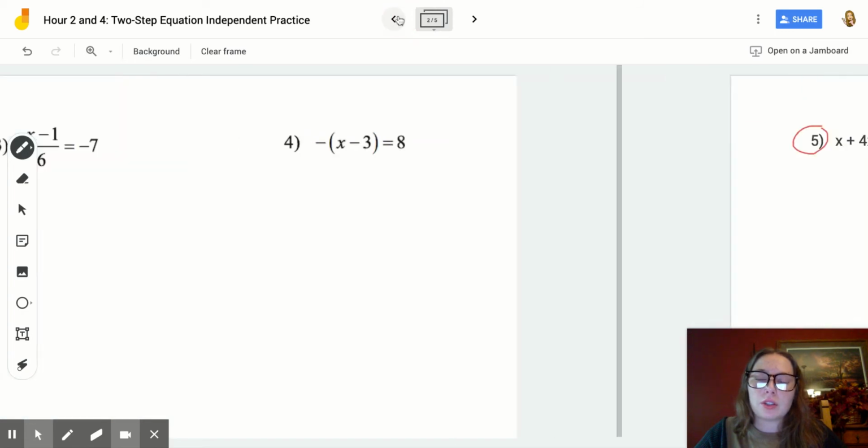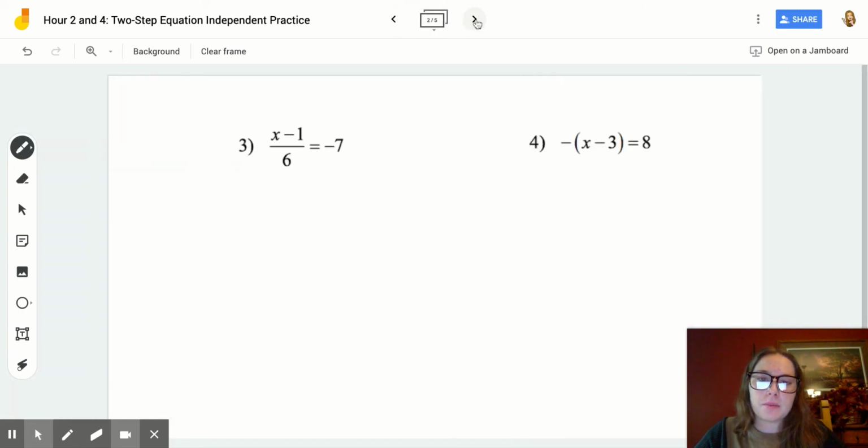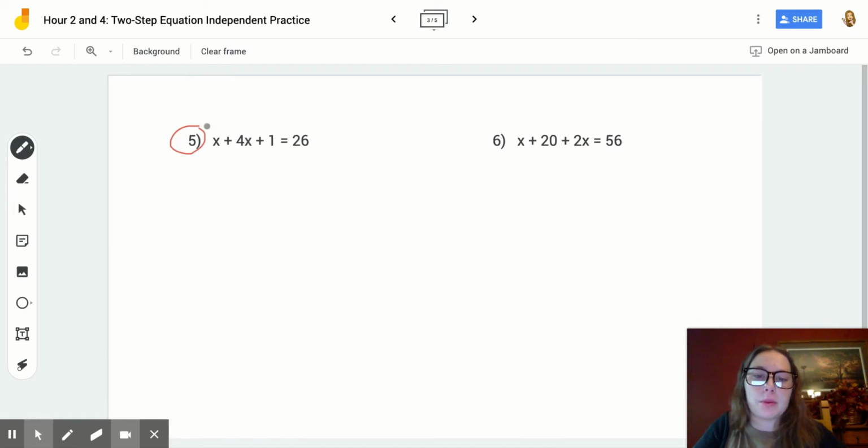So we are going to try number 5 first, and then we'll probably try number 7 as well. So number 5, it has x plus 4x plus 1 equals 26. So in this case, we have an x in one spot, an x in another spot, and then just a number.